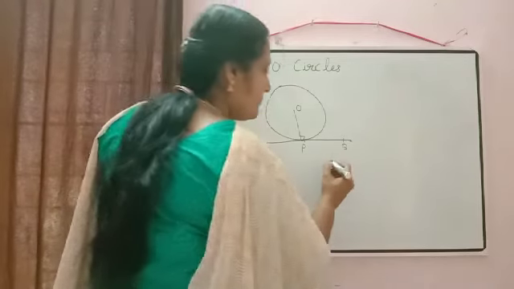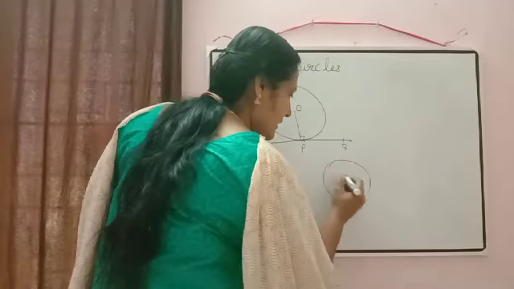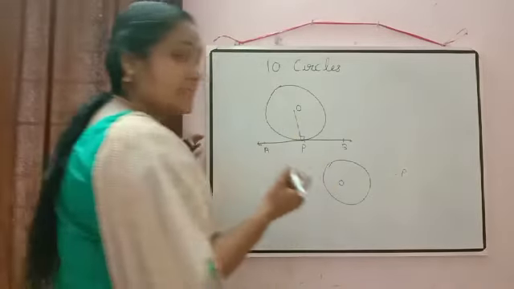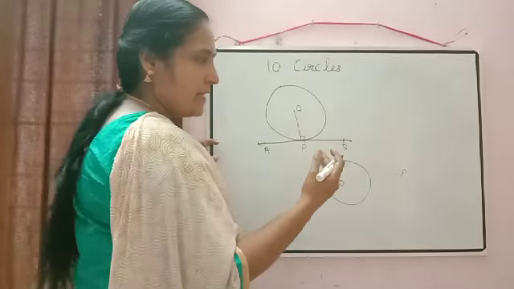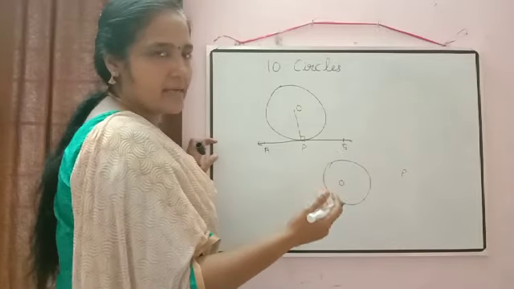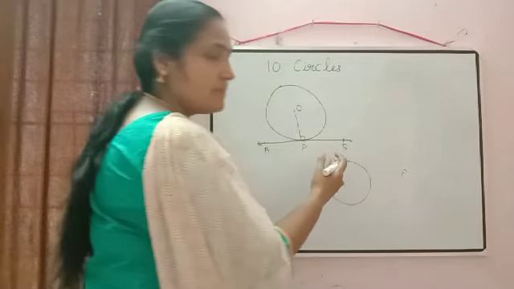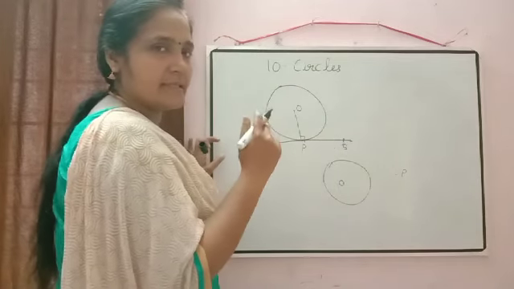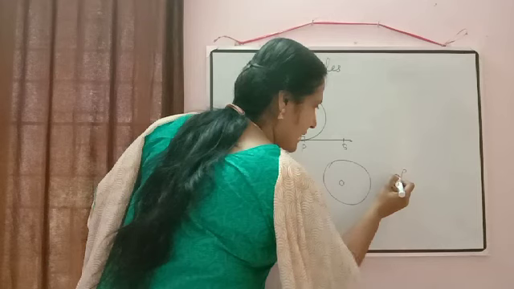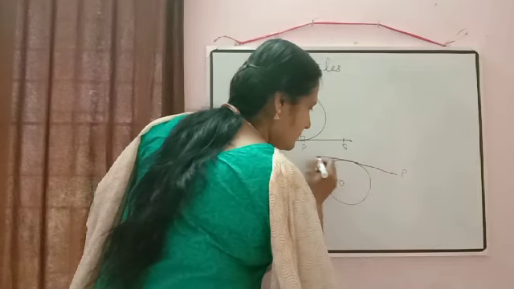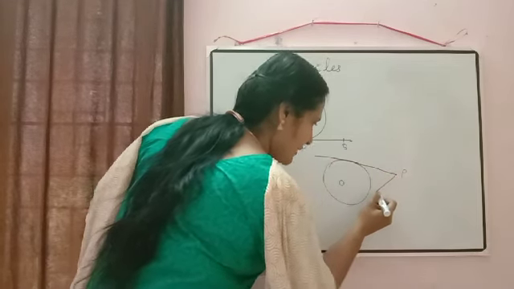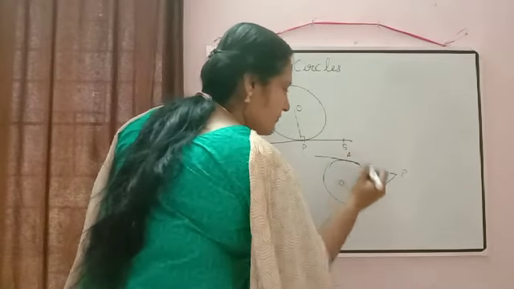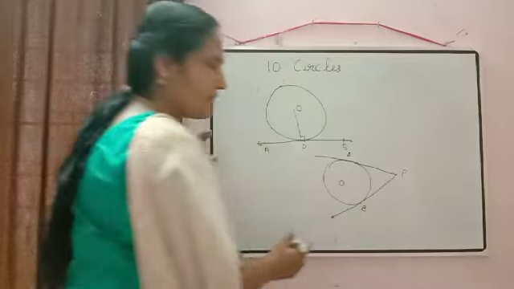And then one more property we studied: if a circle is there and I am drawing tangents from an external point, a point which is outside the circle, then how many tangents are possible from the point P? Yes, two tangents are possible. One tangent we can draw in this way and the other one in this way. Suppose PA and PB are the tangents.